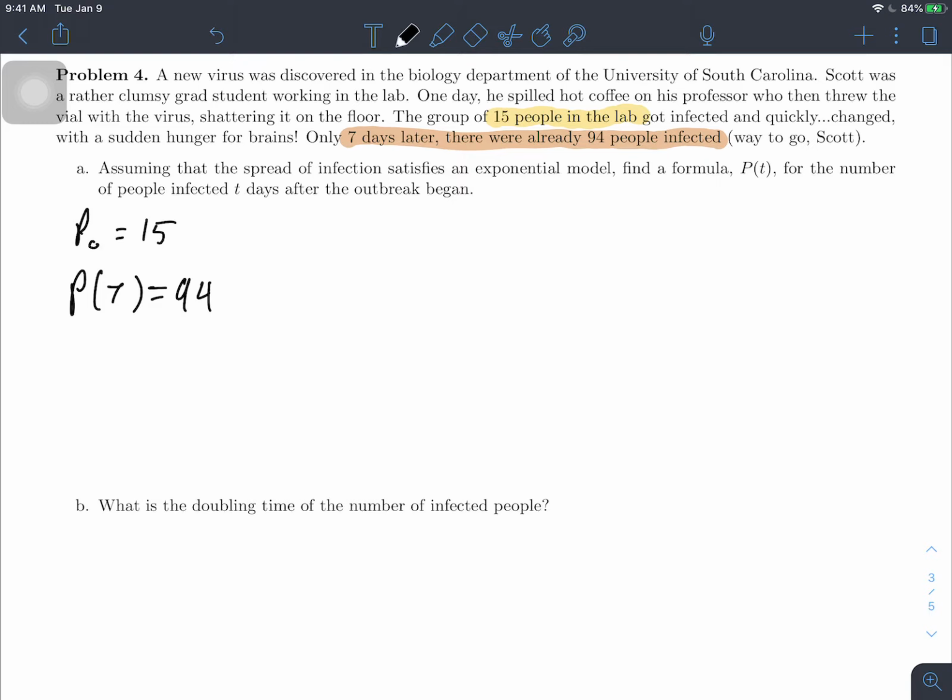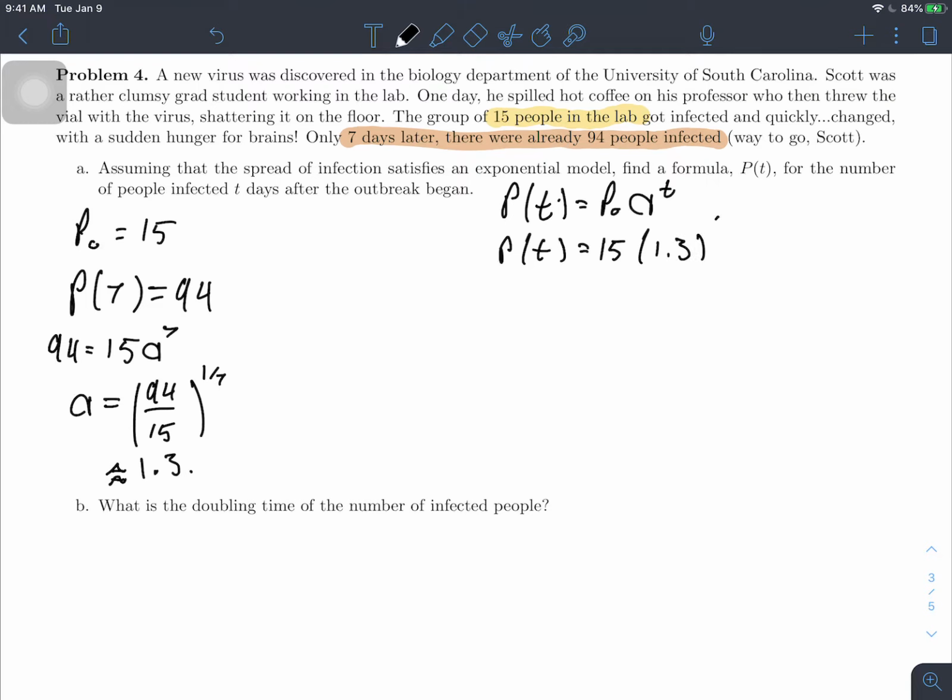So this means that a is equal to 94 over 15 all to the power 1/7, which is close to 1.3, so we're going to use 1.3. So we can write down our equation now. P of t is going to be equal to 15 times 1.3 to the power t.